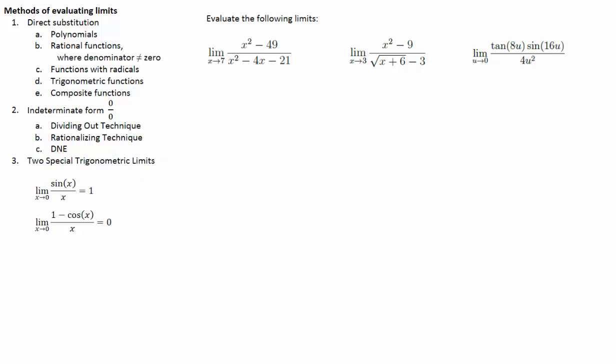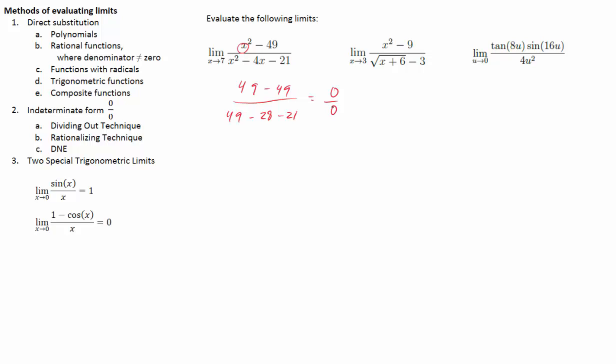For the first limit, as x approaches 7 of x squared minus 49 all over x squared minus 4x minus 21, if we applied direct substitution, we would get 7 squared is 49 minus 49 on top over 7 squared, 49 minus 4 times 7 is 28 minus 21. We would get 0 over 0.